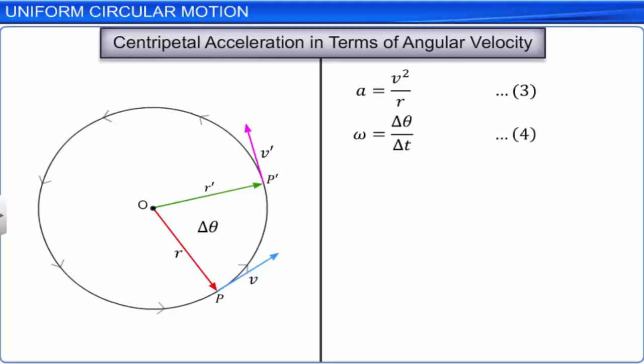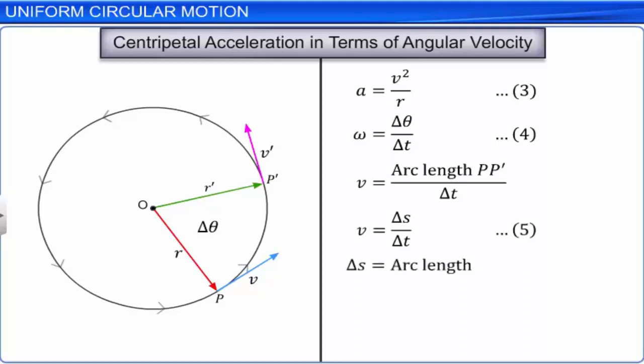Delta s is the arc length, which is r delta theta. Let this be equation 6. Substituting 6 in 5, we get v is equal to r delta theta by delta t. Let this be equation 7.